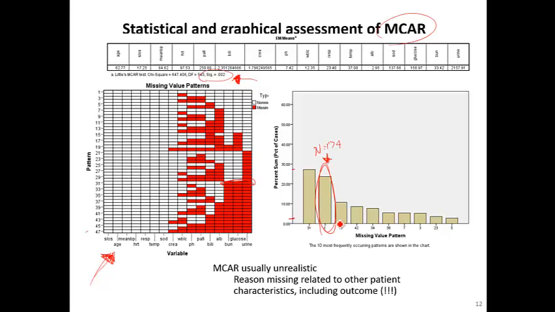The third largest pattern is number 11, where bilirubin and albumin are both missing. When the missing are happening completely at random, you shouldn't be seeing any patterns here. You would have random white and red, but here you clearly have a pattern. That indicates not completely at random, which is reflected in the small p-value here.